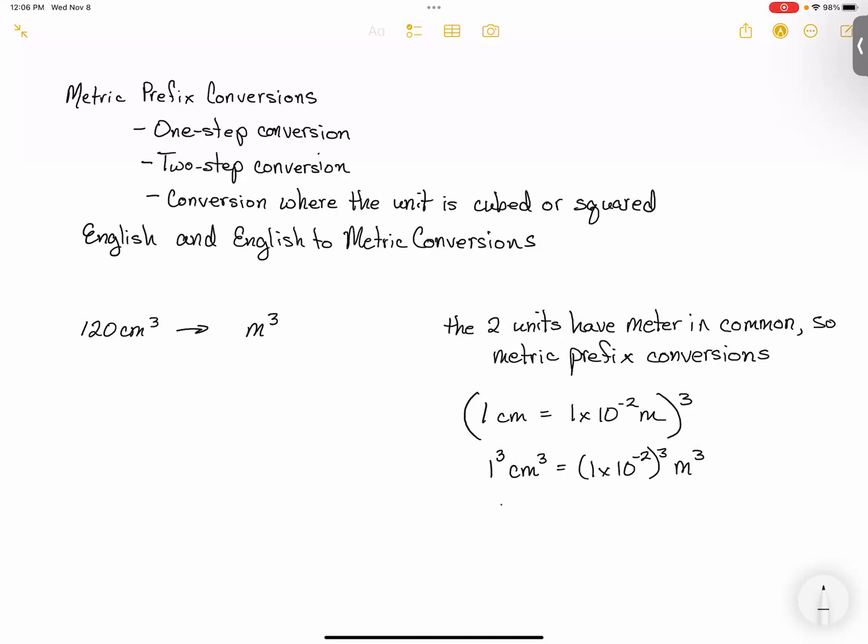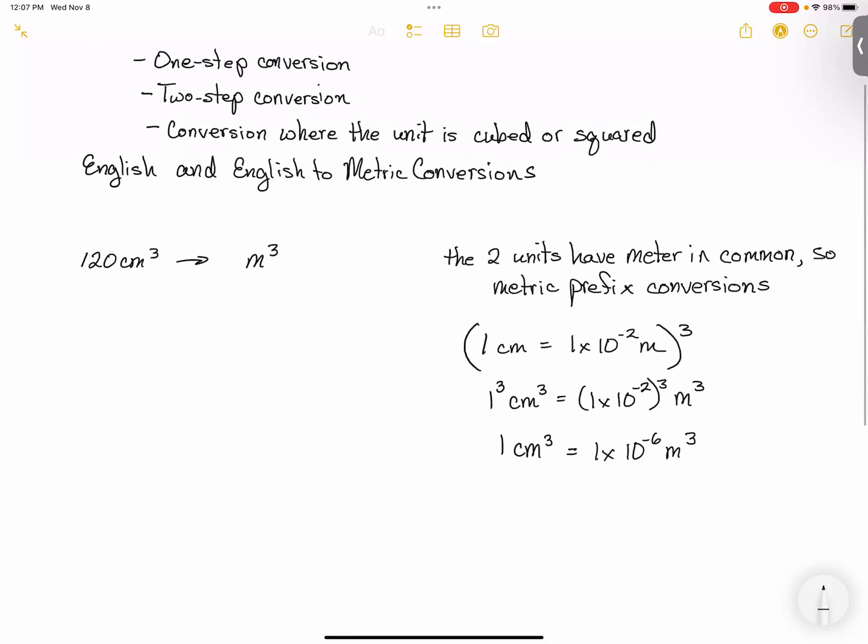Now, 1 cubed is simply 1. So we're still talking centimeter cubed here. But 1 times 10 to the minus 2 cubed is 1 times 10 to the minus 6, and then it's meter cubed. Now, because I have centimeters cubed and meters cubed, I can actually go back and do the problem that I have shown. So I start with what I was given, which is 120 centimeters cubed.